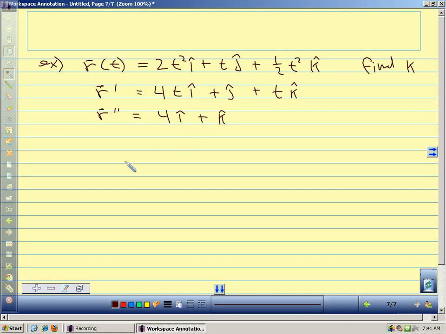The magnitude of r prime is the square root of 16t squared plus 1 plus t squared.